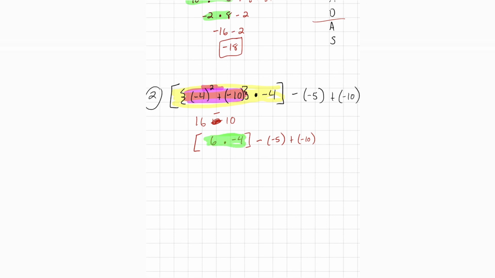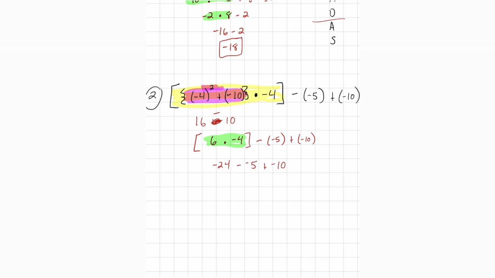Right here, it's highlighted for you. 6 times negative 4 is negative 24. And now we rewrite the rest of the problem: negative 24 minus negative 5 plus negative 10. I just took the grouping symbols out to make things easier.